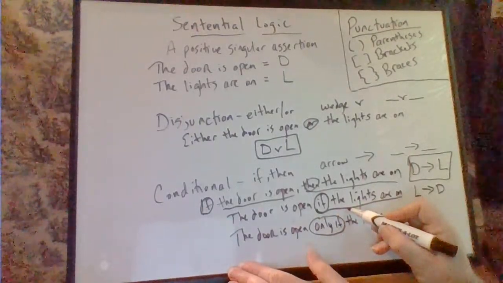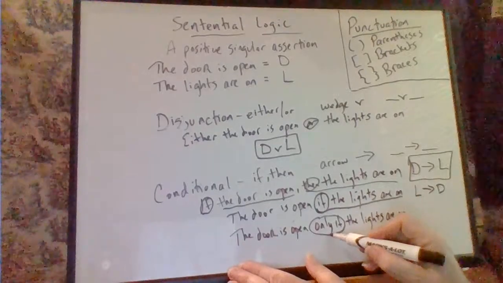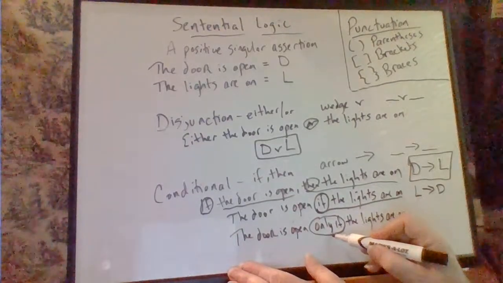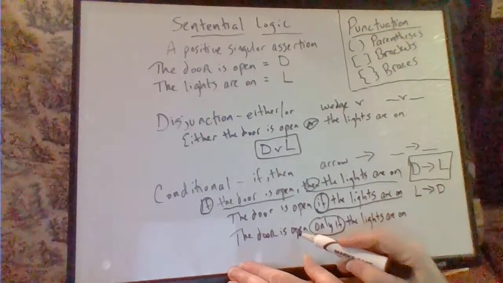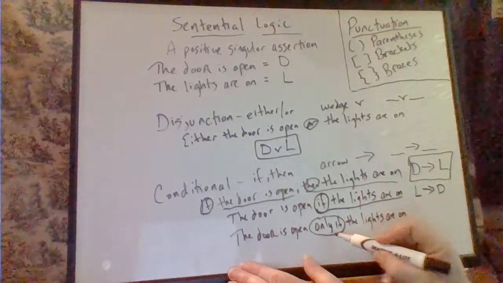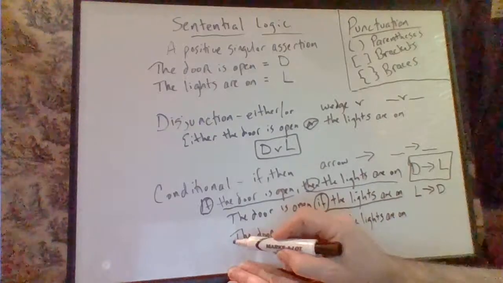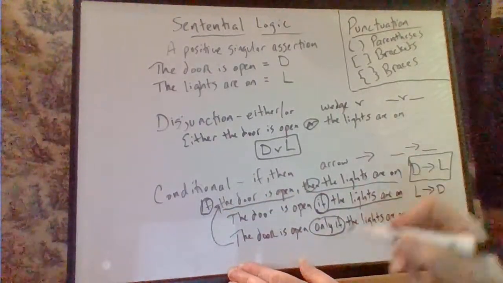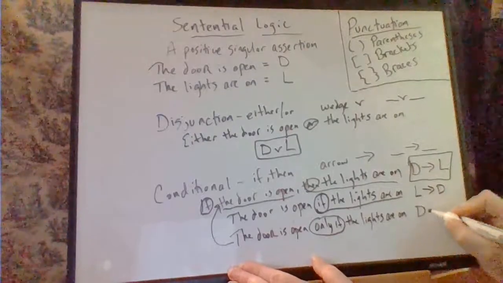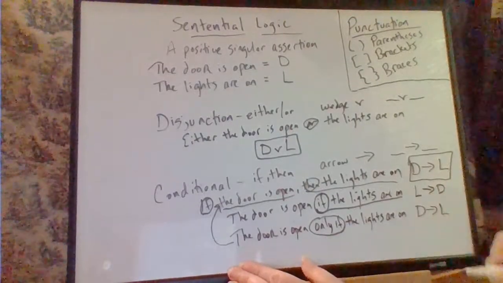It comes before the arrow. What follows only if is the consequent. It comes after. So basically, the door is open only if the lights are on is the same as saying if the door is open, then the lights are on, which again would be the D arrow L.